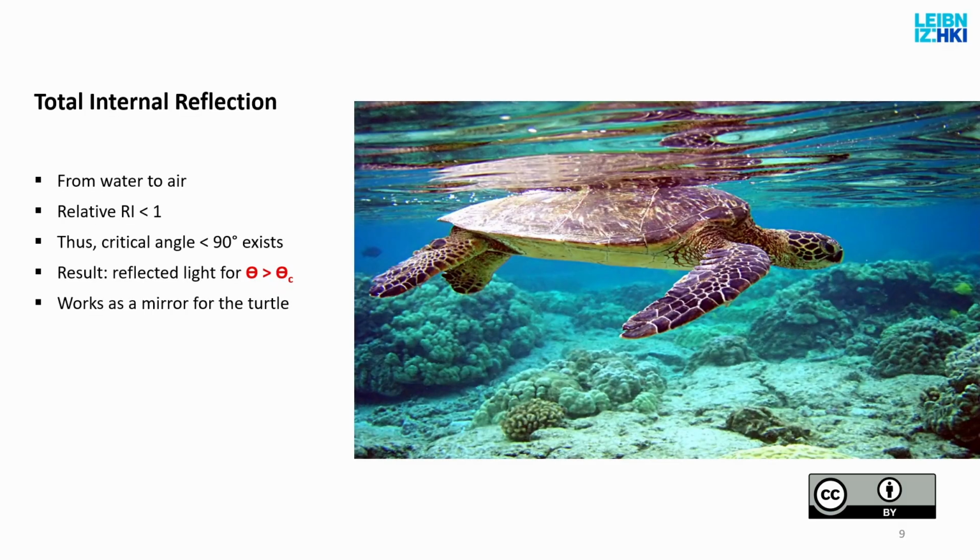And this means that if you are in an optically denser medium, for example, snorkeling, and you look up towards the sky, you will see your own reflection on the inner side of the water. Because water, air, we are going from denser to less. And some of the beams that reflect from your body or from the body of the turtle will be above the critical angle, so you will get a mirror image of light.